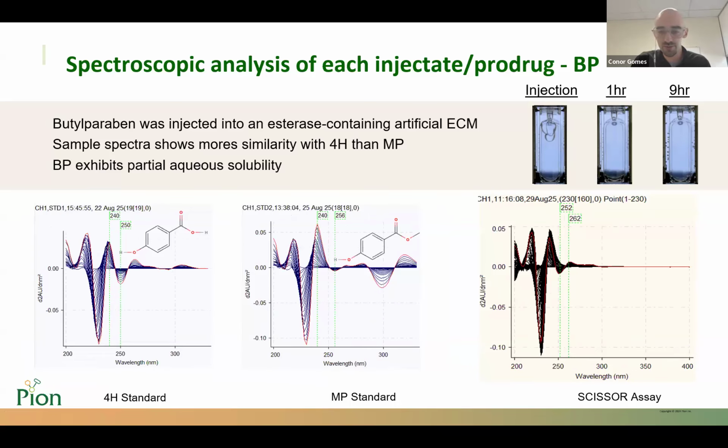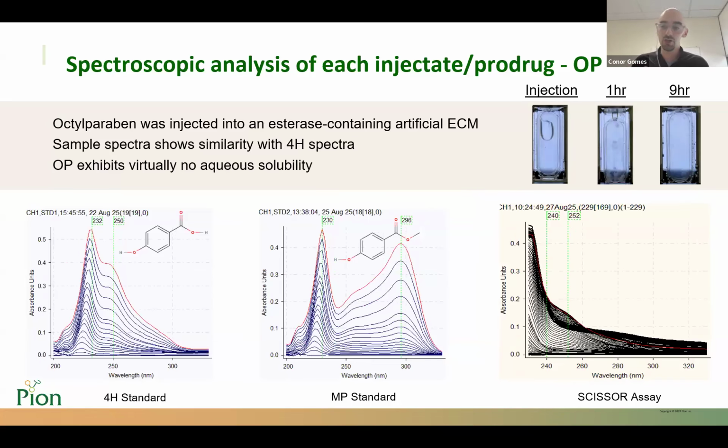And in the second derivative, it's a little messy, but it shows the negativity of that peak. So we are getting release of the species, but it's kind of hard to deconvolute within this space. And then lastly, the injection that I feel is the most interesting is the octylparaben, because this octylparaben should not really be soluble at all and should only be released after action of the esterase.